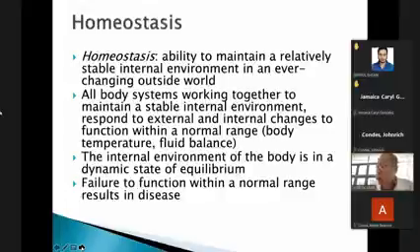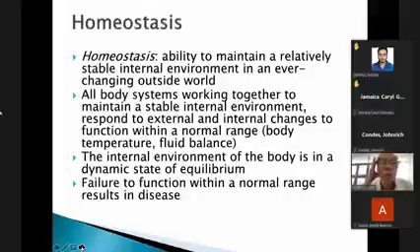So therefore, we now take into consideration the concept of homeostasis. I emphasized this very well earlier: homeostasis is the ability to maintain a relatively stable internal environment. Therefore, you are talking about the extracellular fluid and its components, because this internal environment is surrounded by an ever-changing environment.